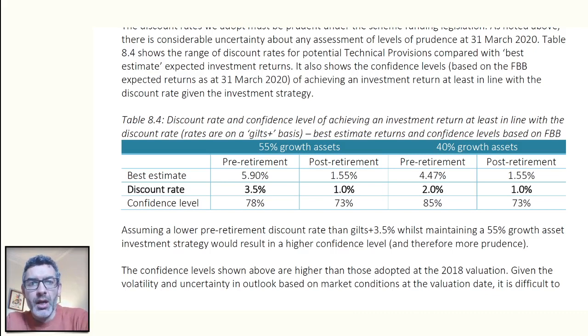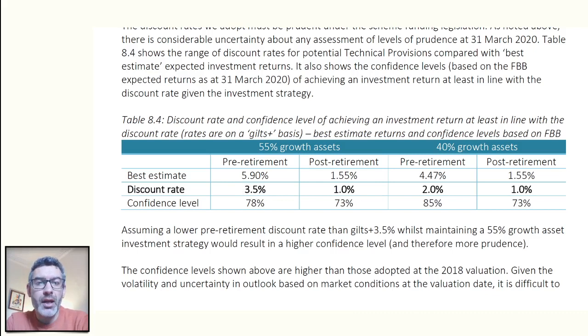Okay. Right, but that isn't the rate that's being used in the valuation, because legislation says you have to carry out the valuation prudently, which most trustees interpret to mean that they should downplay their investment return assumptions. So what USS have done is turn that 5.9% and squash it down to 3.5%. So that's the rate that they think they will get on their pre-retirement portfolio.